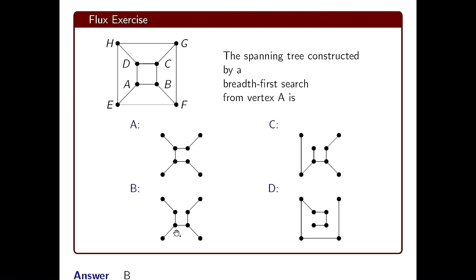And notice that I'll talk more about this later, but this is a really important property. A spanning tree that you build by breadth first search has this property that every path in it from your root vertex to another vertex is one of the shortest paths you could possibly do in your graph.